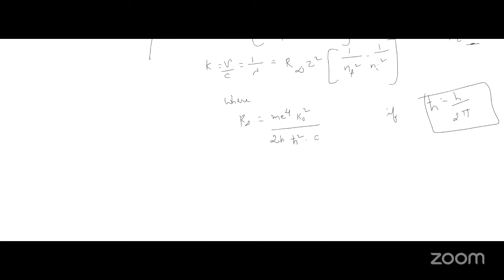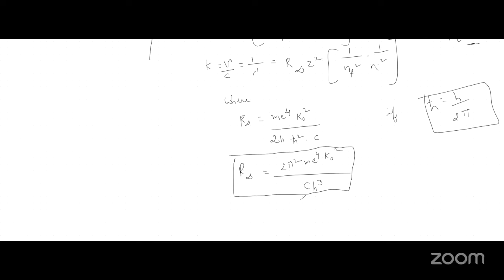Then R infinity equal to 2 pi square m e to the power of 4 k naught square by c times of h cube. This is R infinity.